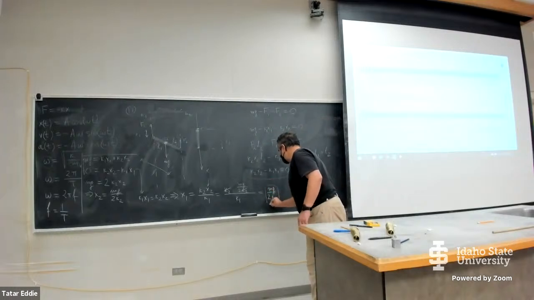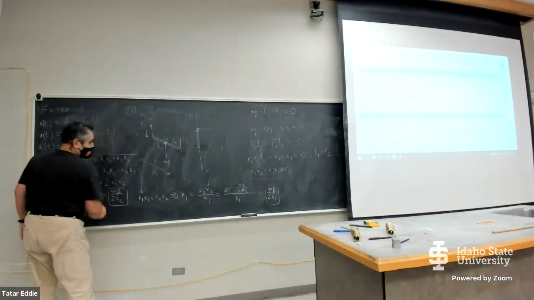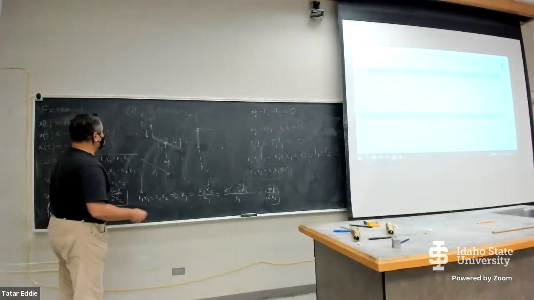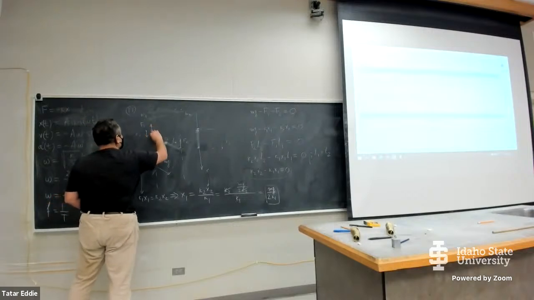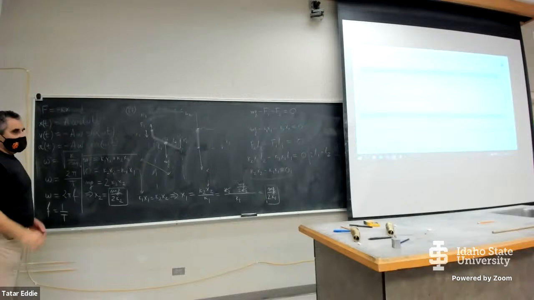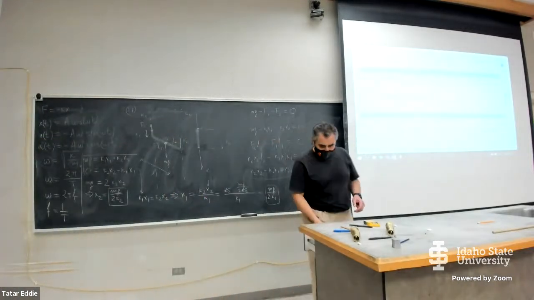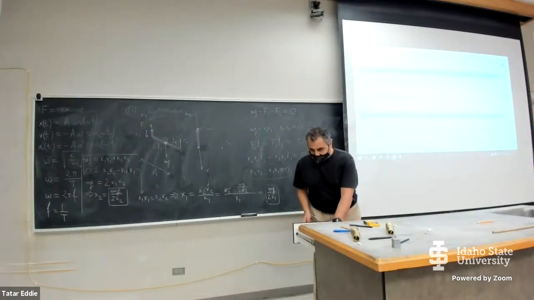So here is x1, here is x2. In other words, I just found this one, and I know this one. And now look at the triangle that is formed. Look at this triangle.